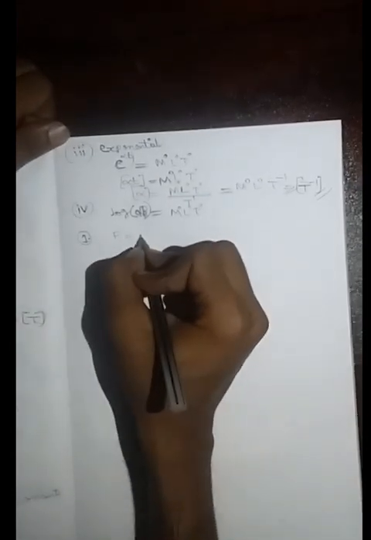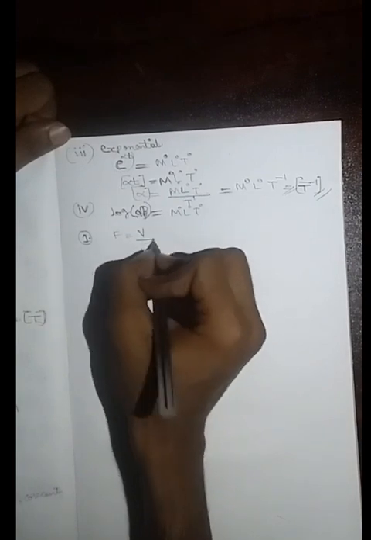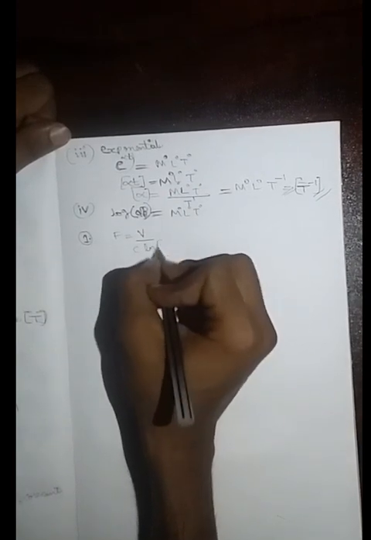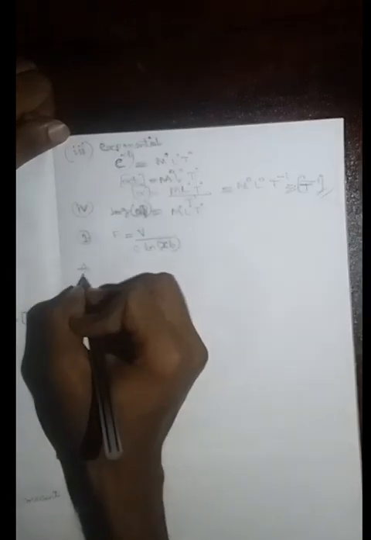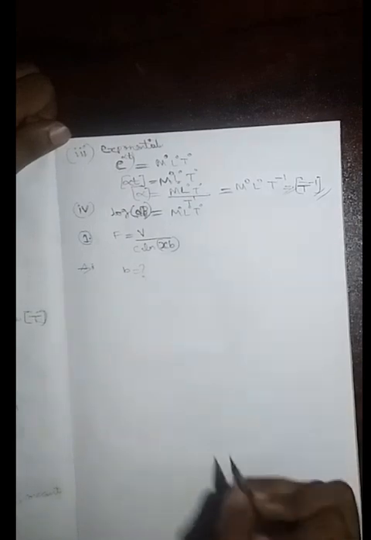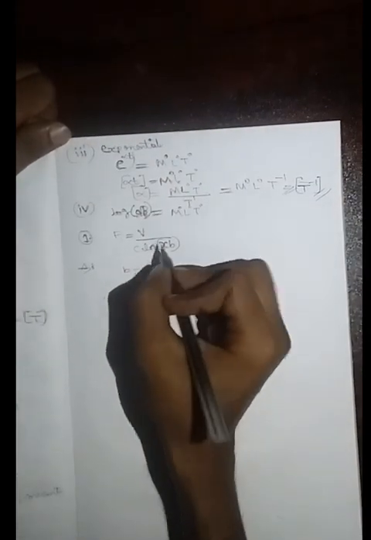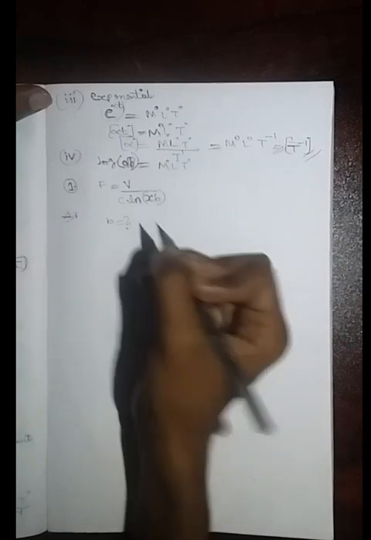F is equal to v divided by c, ln of xb. We are given this question, and we have to find the dimension of b. Before starting to solve, we first have to check for any such functions. We can see ln here.